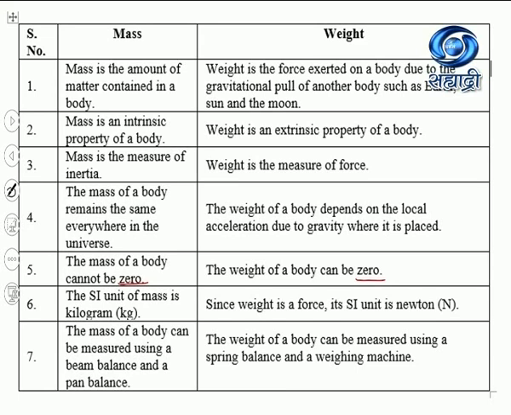The SI unit of mass is kilogram, and since weight is a force, the SI unit of it is Newton. The mass of a body can be measured using a beam balance or pan balance, and the weight of a body can be measured using a spring balance and weighing machine. So we also measure our weight by using a weighing machine.